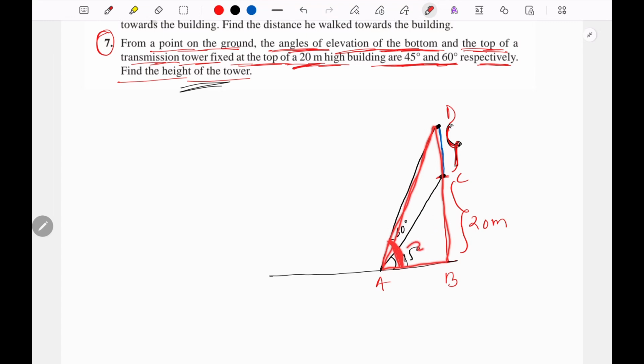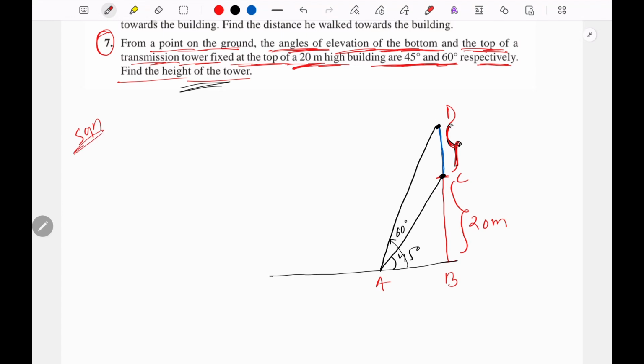From the first triangle we will get the value of AB. Now we know this value, so we will find this side, that means BD. If we find the value of BD, after that we will subtract BC from this BD. So then we will easily get this CD. So now we will solve this question.